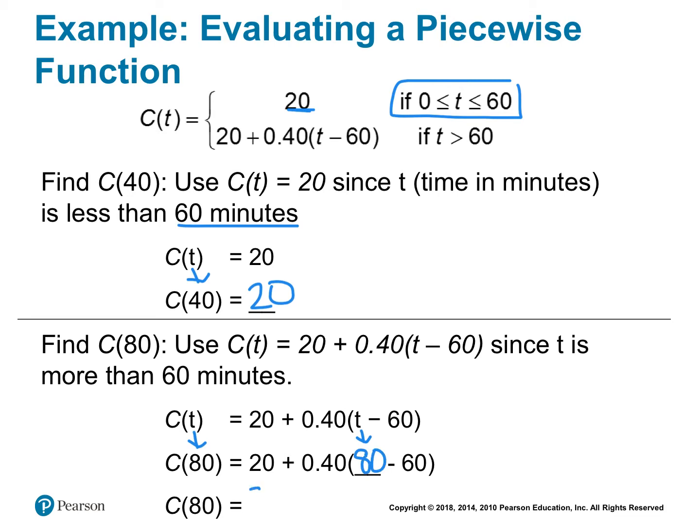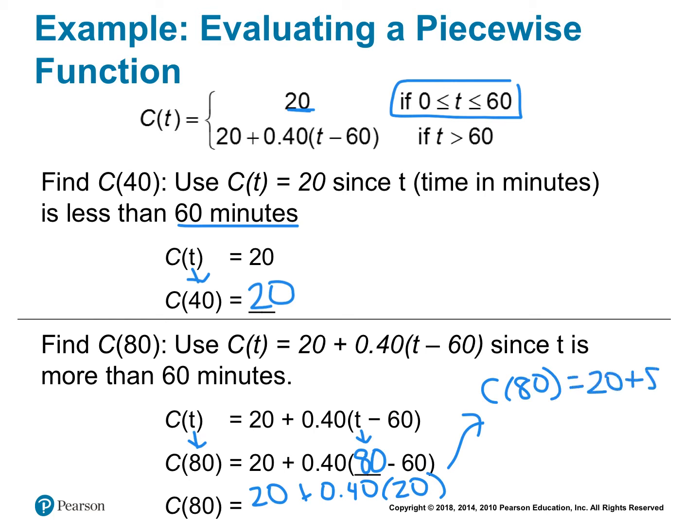That gives us 20 plus 40 cents times 80 minus 60, which means we went 20 minutes over. So that would mean C of 80 is 20 plus 8, so $28.